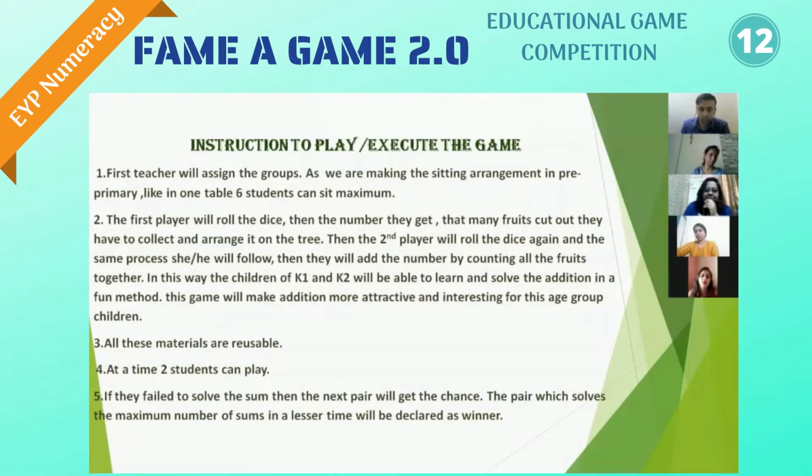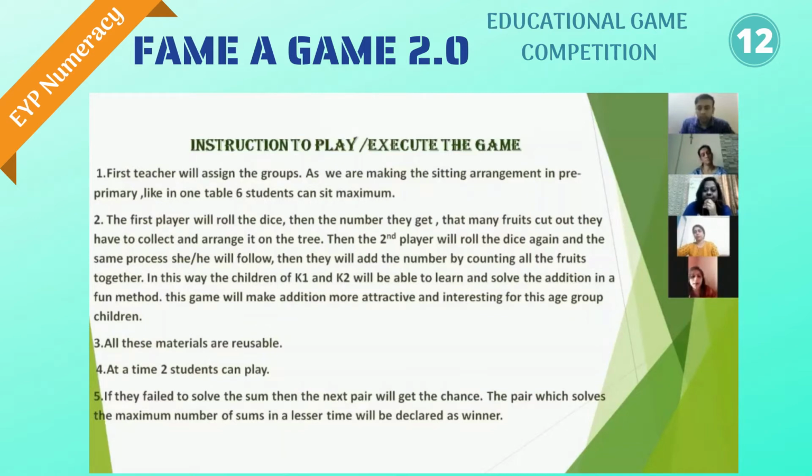The first player will roll the dice, and that many fruit cutouts they have to collect and arrange on the tree. Then the second player will roll the dice again and follow the same process. Then all the fruits on the tree, they have to count together.